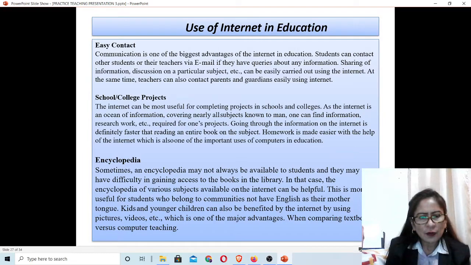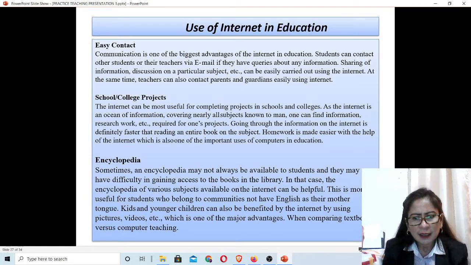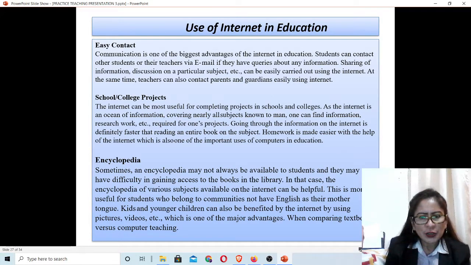This is more useful for students who belong to communities that do not have English as their mother tongue. Younger children can also benefit from the internet by using pictures and videos, which is one of the major advantages when comparing textbooks versus computer teaching.